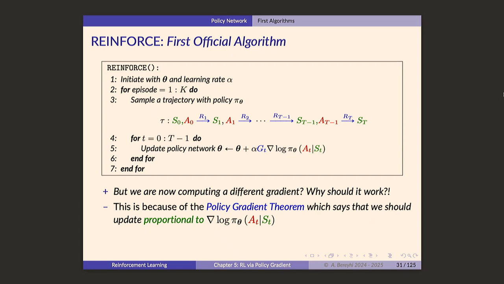So whenever you want to update your policy network, whatever algorithm you use, however complicated, it's not important. The thing that should show up, which updates your parameters, should be proportional to the gradient of the log likelihood. And this is one thing that I want to show next.